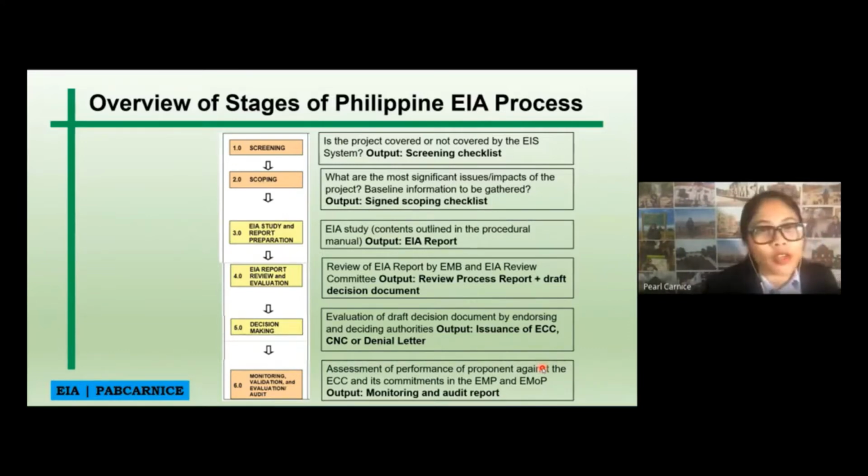It depends on the EMB's decision as to how many times they are going to do the monitoring, depending on the project. They can do it monthly, quarterly, or once a year. It depends on their decision, which is indicated in the ECC, CNC, or denial letter.